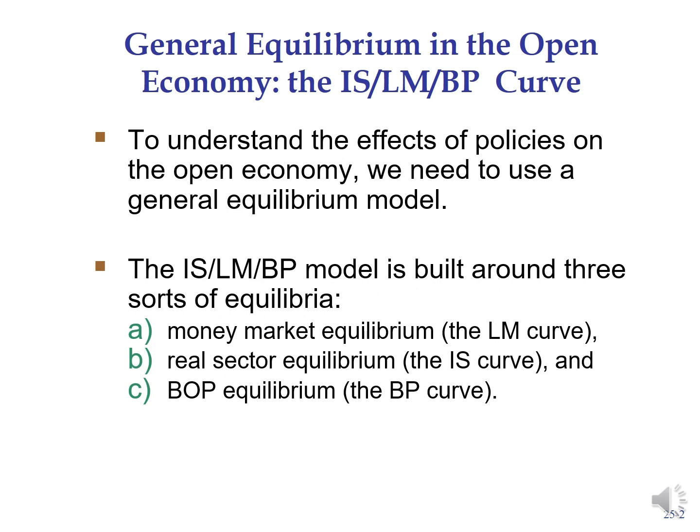The ISLM-BP model is built around three sorts of equilibria. A. Money market equilibrium, which is known as the LM curve. The real sector equilibrium, or the IS curve, or we can say the goods market. And the balance of payments equilibrium, the BP curve.